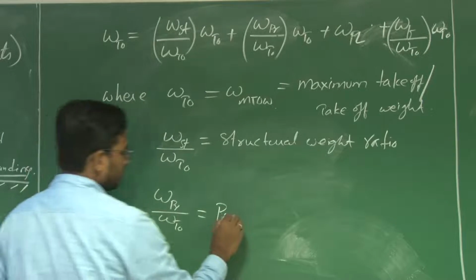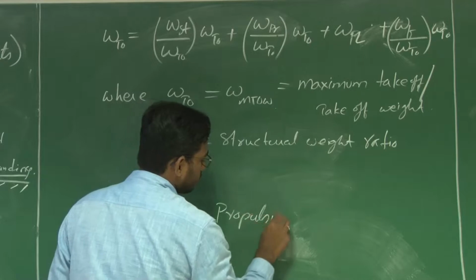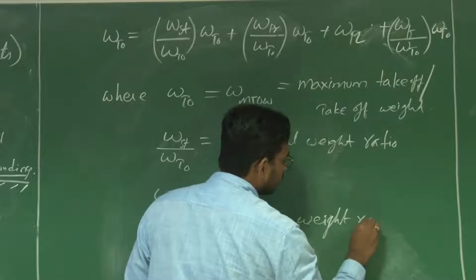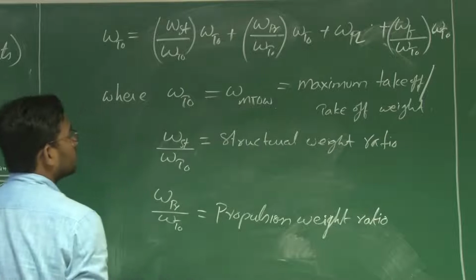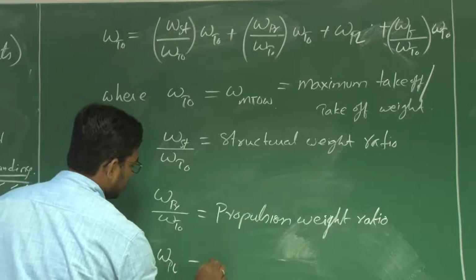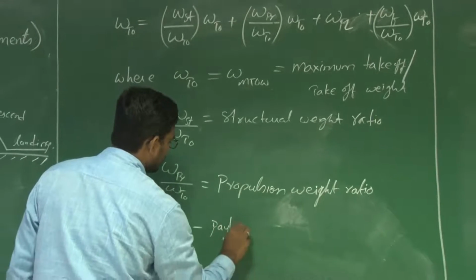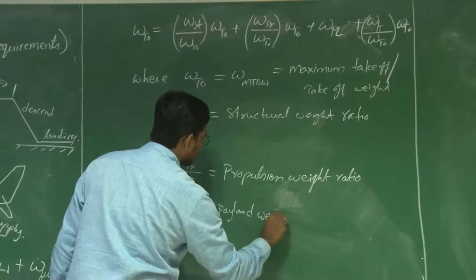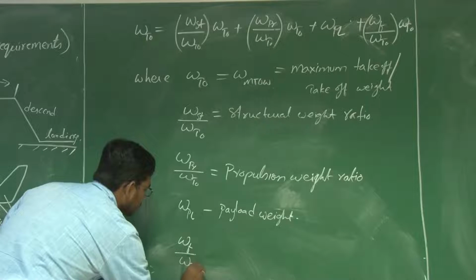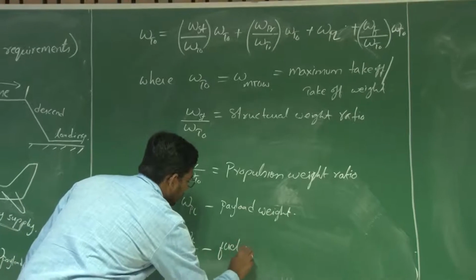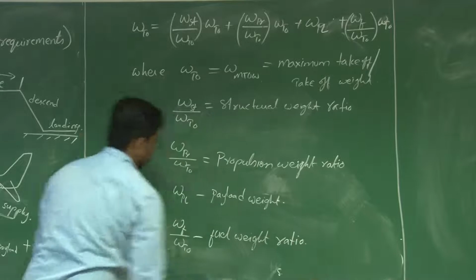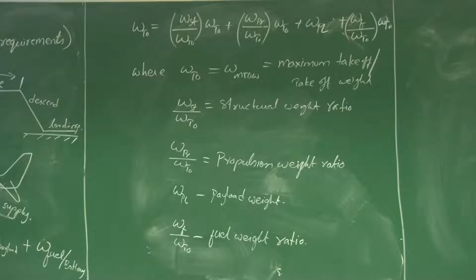WPR by WTO stands for propulsion weight ratio. WPL stands for weight of payload. And the fuel weight ratio. Right?